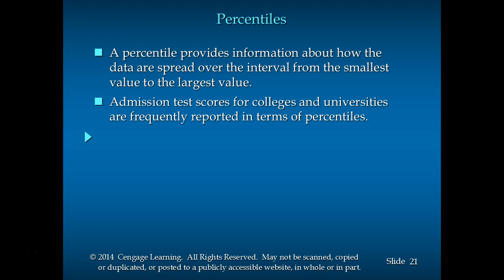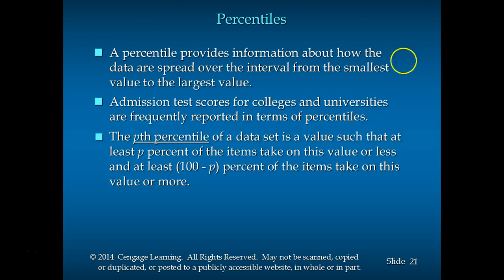Admission test scores for colleges and universities are frequently reported in terms of percentiles. The pth percentile of the data set is the value such that at least p% of the items take this value or less, and at least 100 minus p% of the items take this value or more.